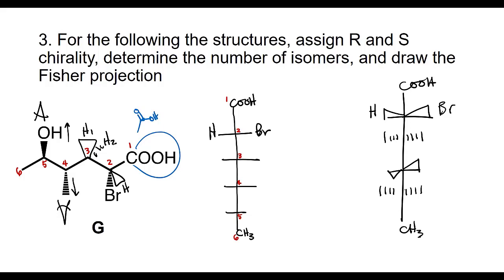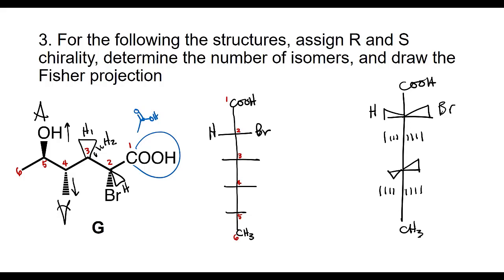When I'm looking this way, my right hand's going to be on the other side. The same thing for this. When I look at my carbon chain from the top, my right hand is going to be out. When I'm looking from the bottom, my right hand is going to be in.